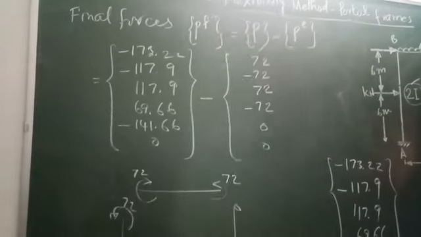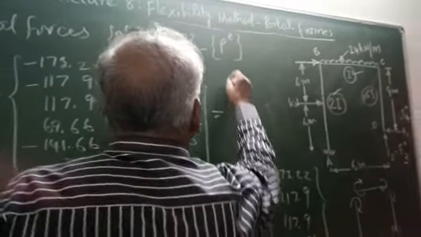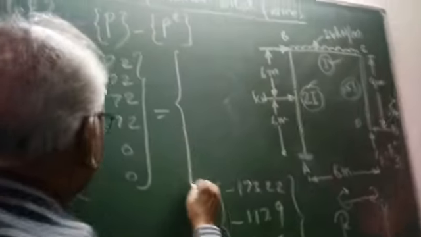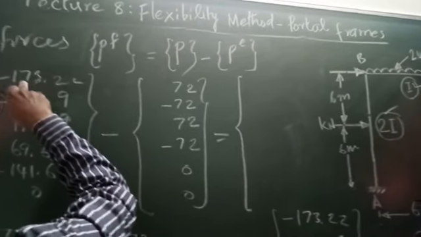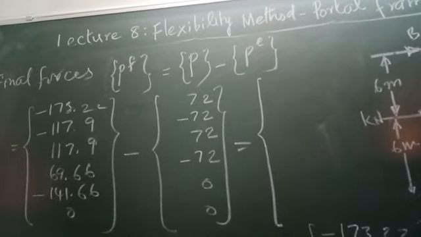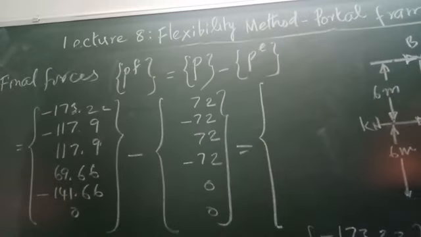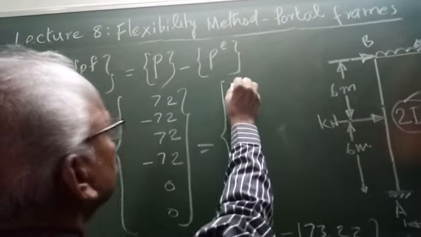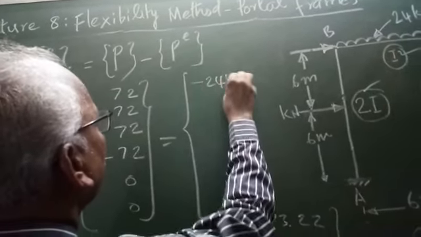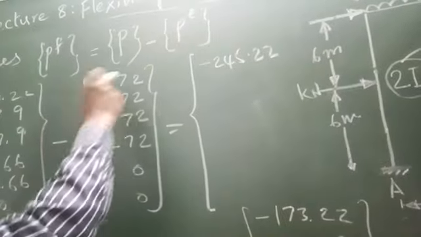Now, this will be the final force. So, minus 173.22 minus 72. So that will be minus 245.22, because this is minus, this is also minus.